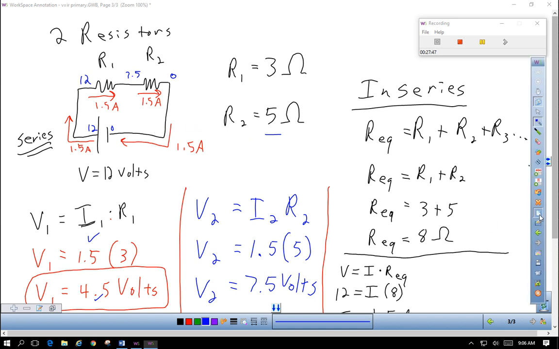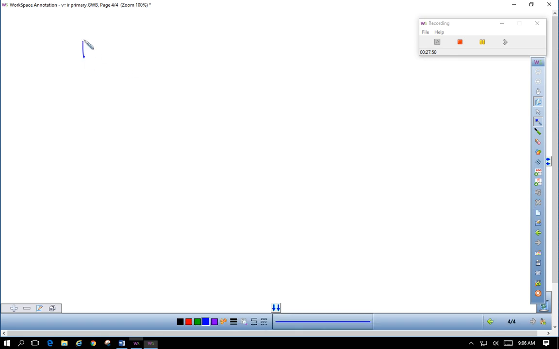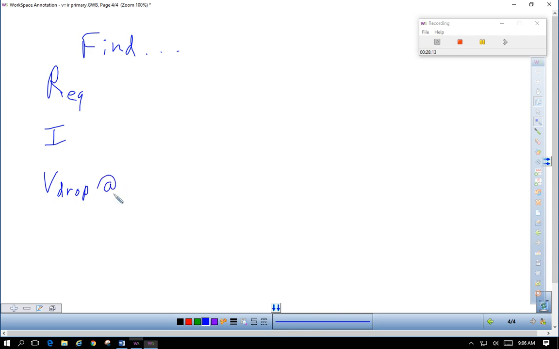So let's make a list of the things that we're going to find. For each question now that you're given, you're going to find, first of all, the equivalent resistance for the circuit. Then you're going to find the current through the whole circuit. Then you're going to find the voltage drop at each resistor.